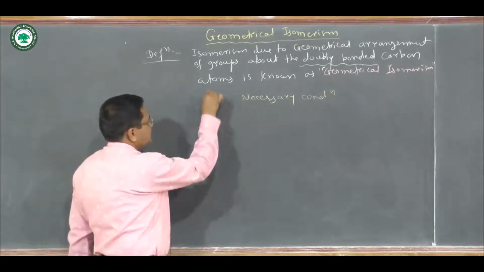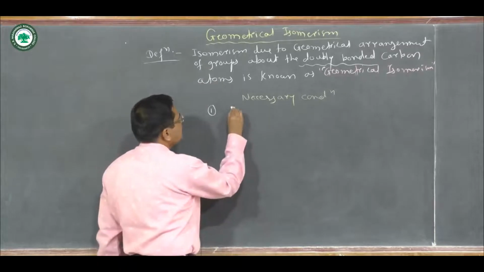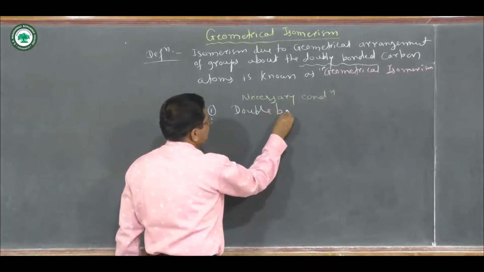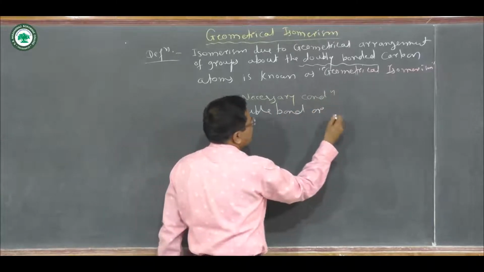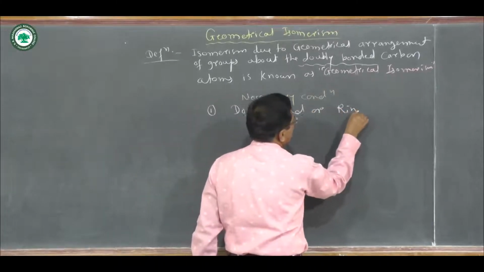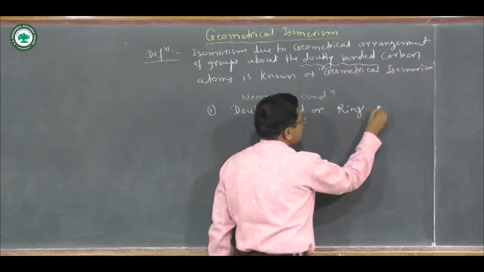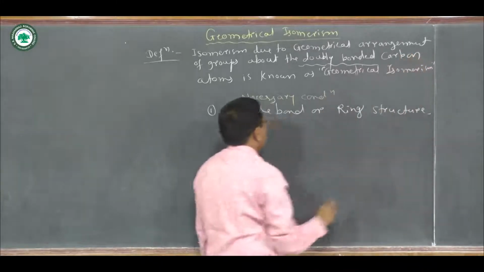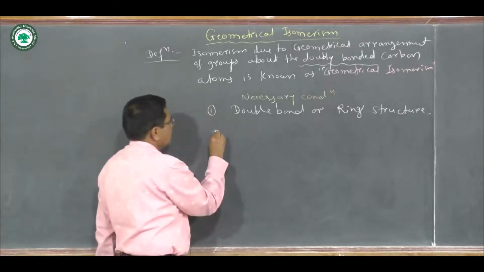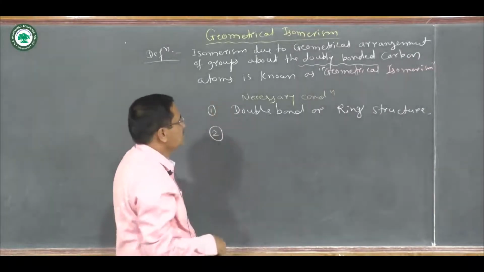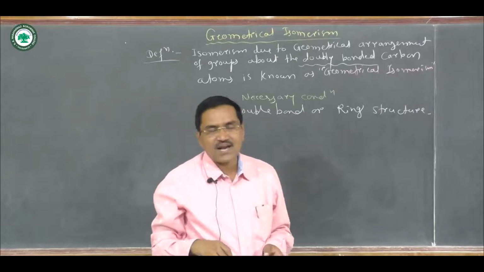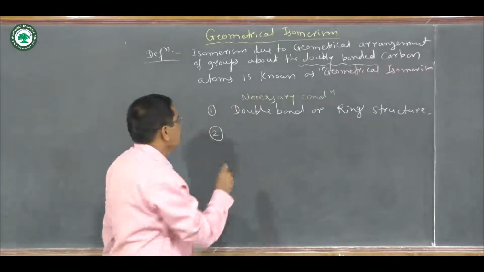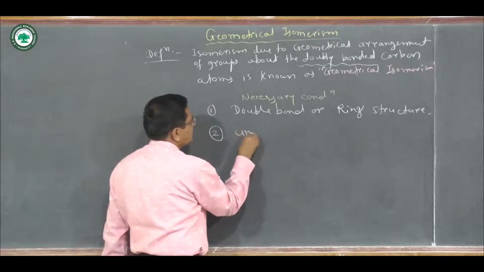One is that the compound must have a double bond or ring structure, and the second condition is that the substituents attached to this double bond or ring must be unsymmetrical.